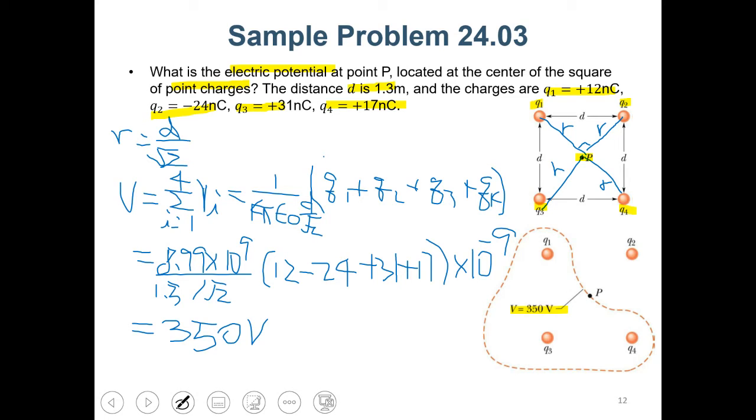And actually, on this graph, you can see that this is positive, this is positive, this is positive, this is negative. So you can imagine there should be an equal potential surface somehow like the yellow line, because this is the only negative.